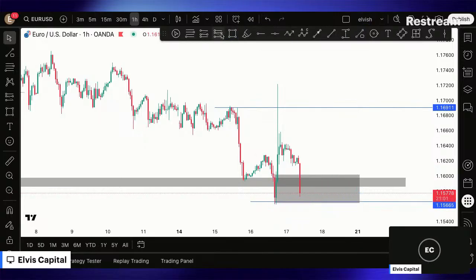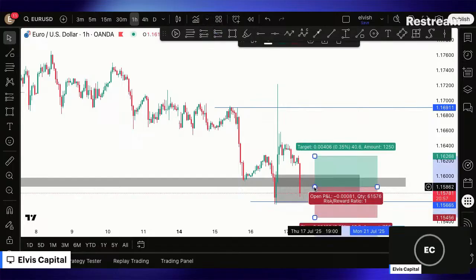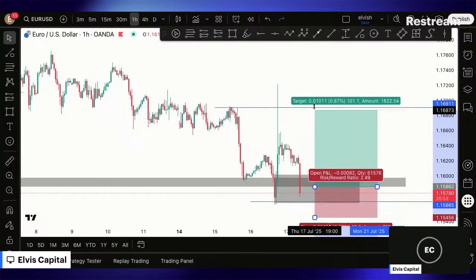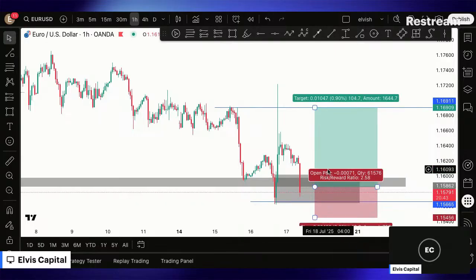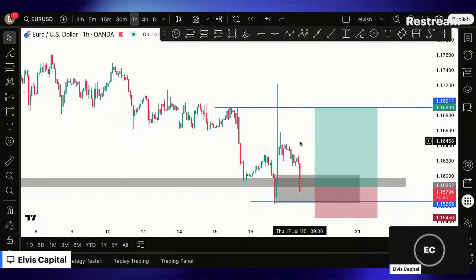Then I'll have to enter from here. You get that one? And then you come to this point over there. USD is really doing a very nice and great job.